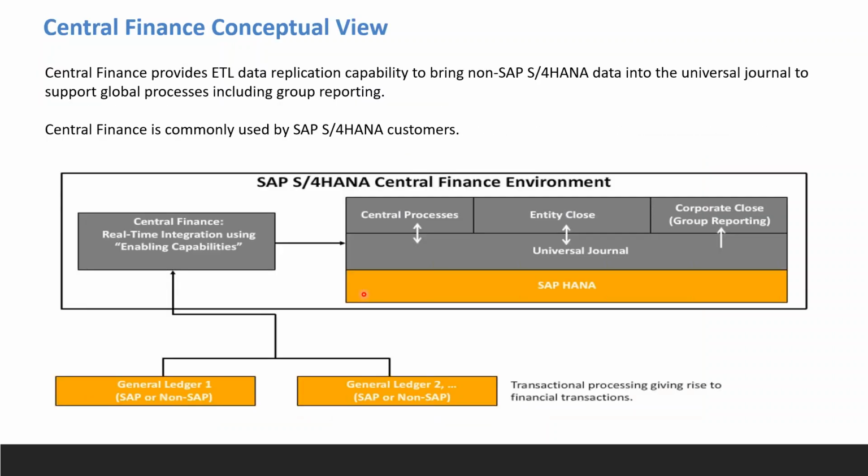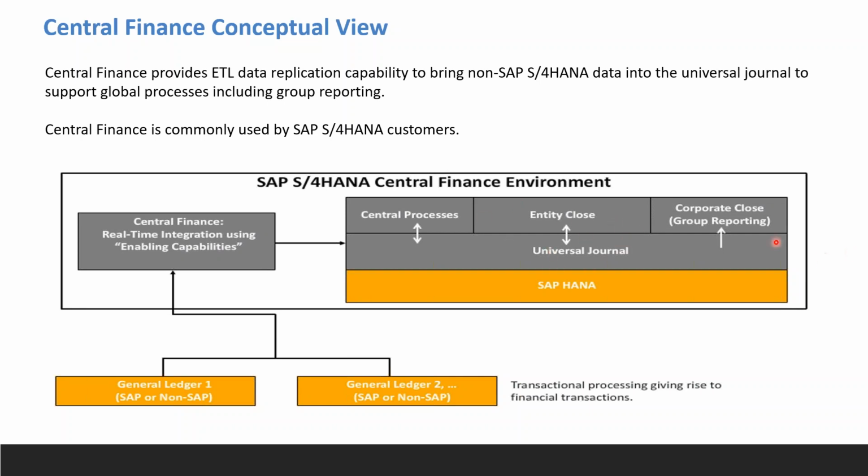Coming to central finance, you may have a question whether the group reporting can be implemented as a central process in central finance or not. Yes, you can implement group reporting in central finance as well, because we are releasing the data, right? The data is coming from the non-SAP systems as well as the SAP systems to central finance, and it resides in the Universal Journal.